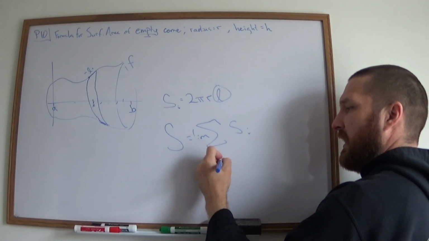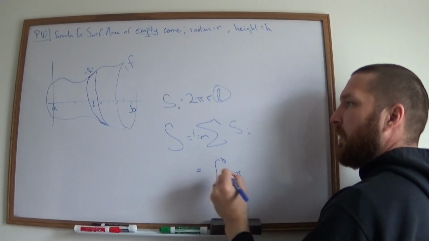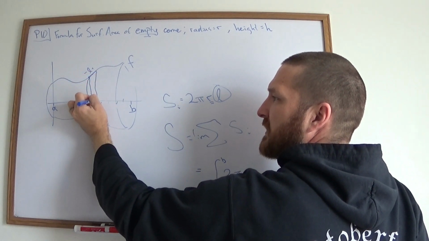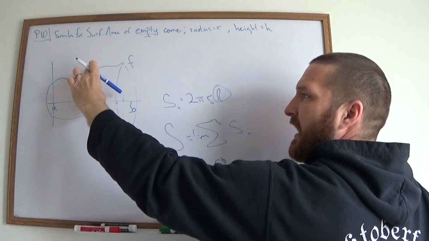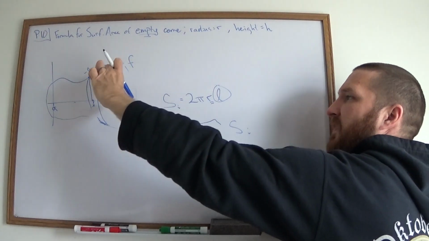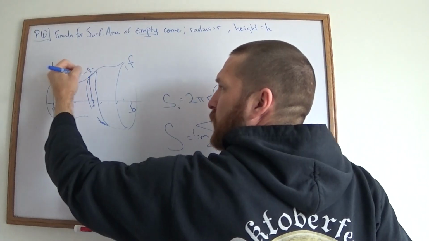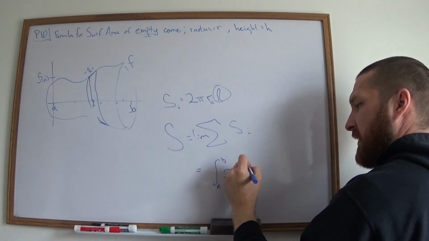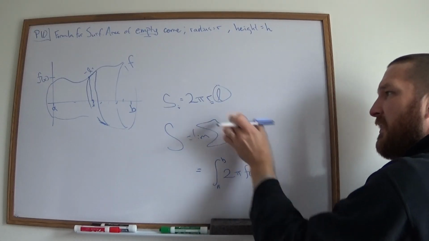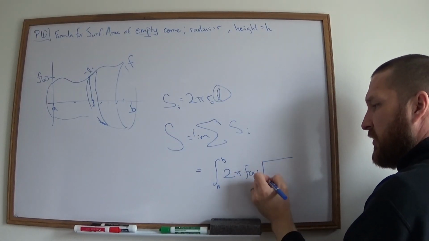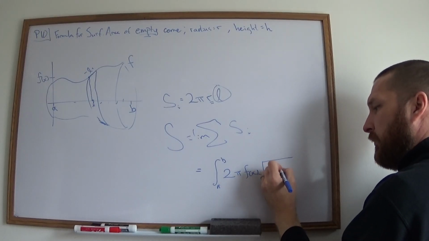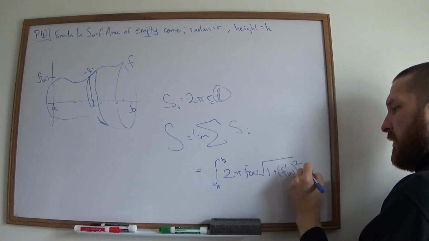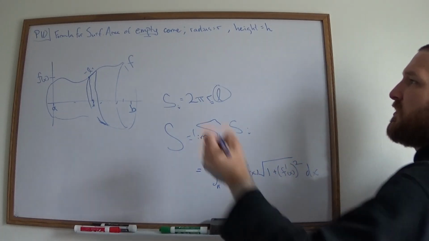So you're integrating from A up to B of 2 pi, the R in this case was this guy right here, and if this is f, then that height is given by f of x. You plug in your x, that gives you the height, so you've got your f of x. And then the length part in the limit turned into the actual arc length, the square root of 1 plus f prime x squared dx.